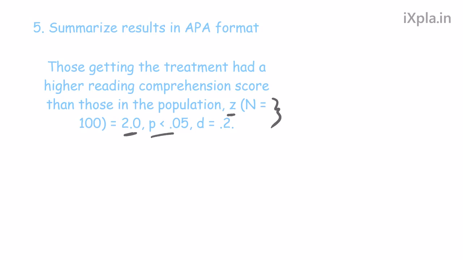We write p less than 0.05 because the obtained value of 2 was in the critical region. So we reject the null. Anytime you reject the null, you're going to write p less than 0.05, and then you write d.